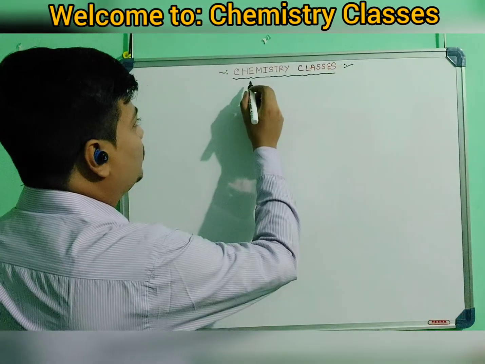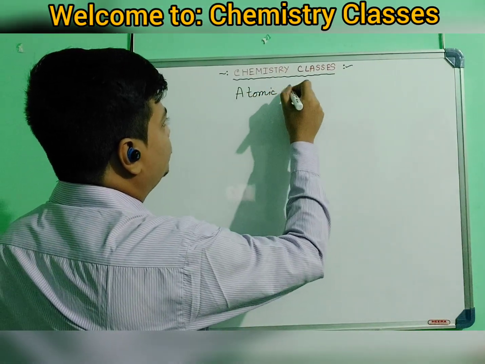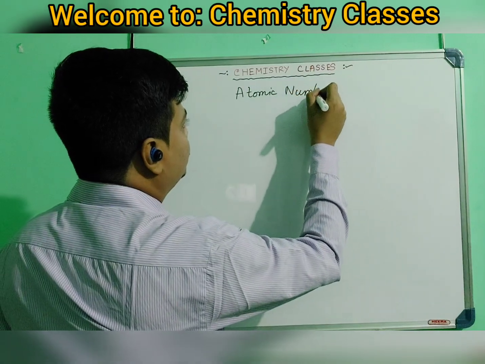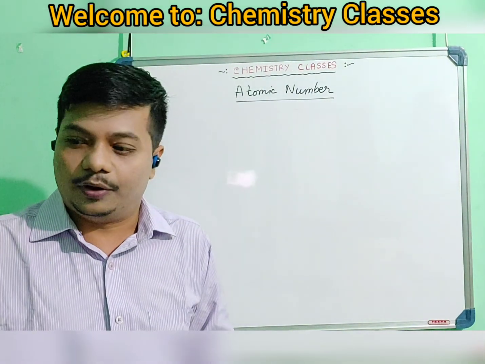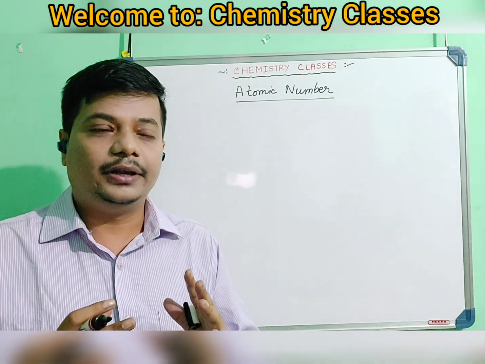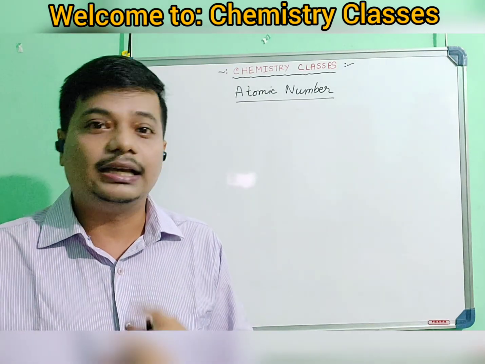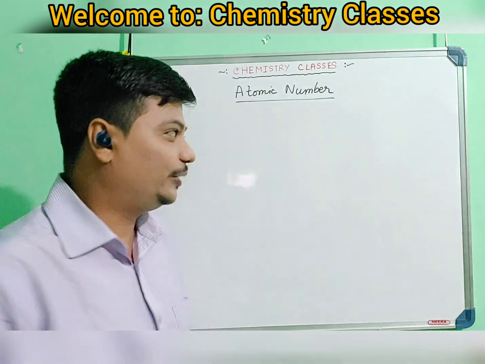Now coming down to the concept of atomic number. So what is atomic number? Atomic number is nothing but the total number of protons inside the nucleus of an atom. Okay?